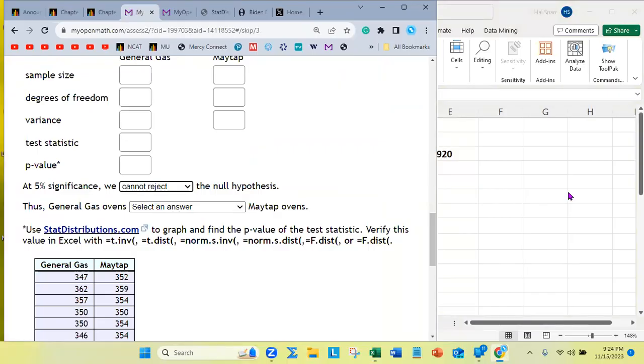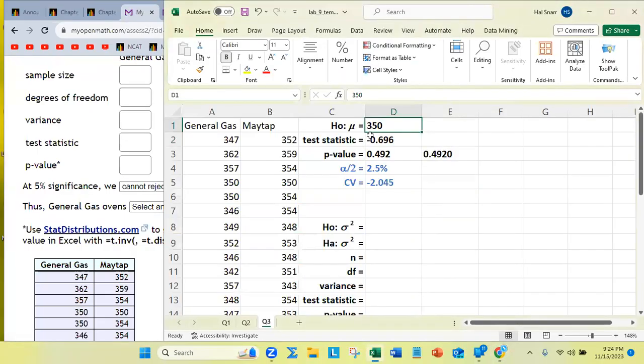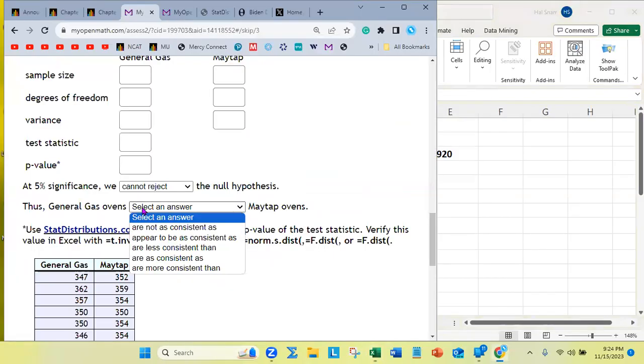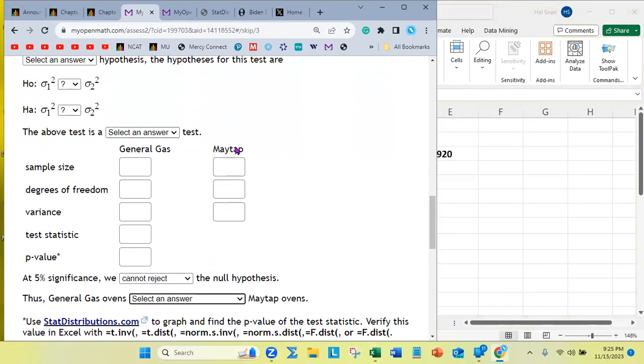What that's saying is the sample average, which is 349.367, is really close to 350. So we're going to conclude that the null is probably true, right? We have evidence to support the null. Whoops, I'm too low.